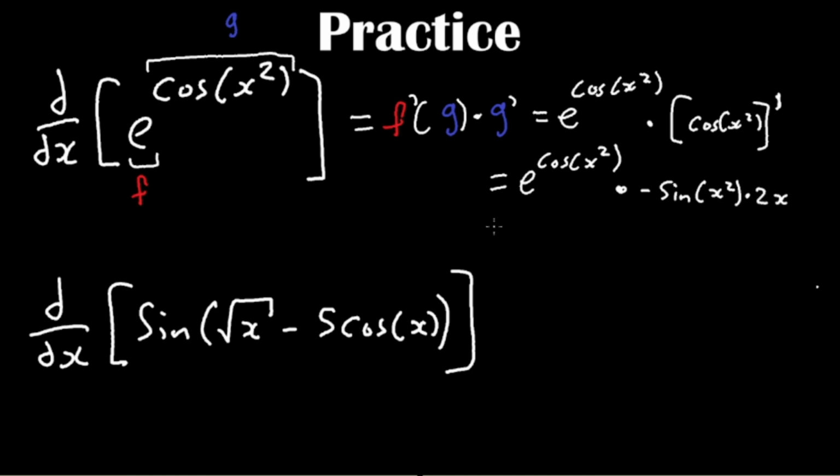So all in all, this becomes, how do I write this? 2x e to the cosine of x squared. Or actually, I want that minus up in front. Minus 2x e to the cosine of x squared sine of x squared.